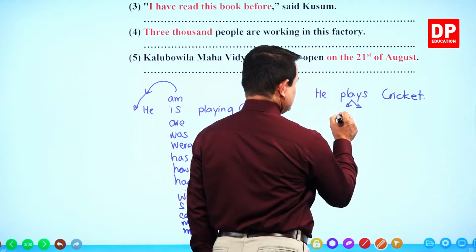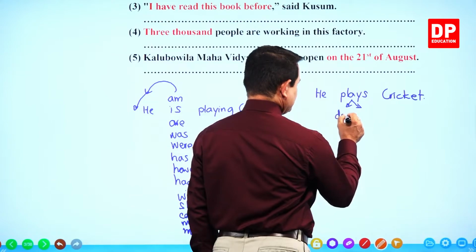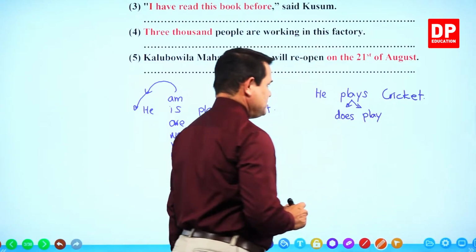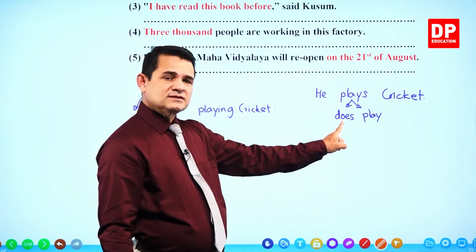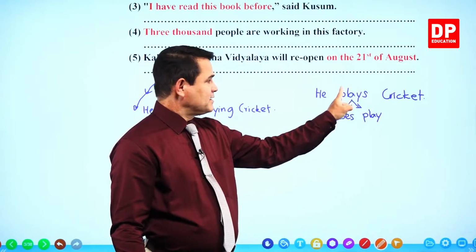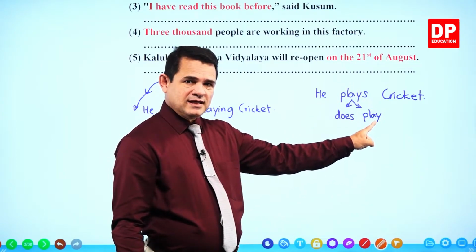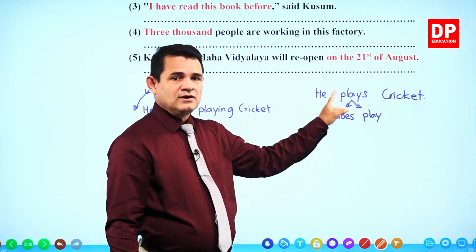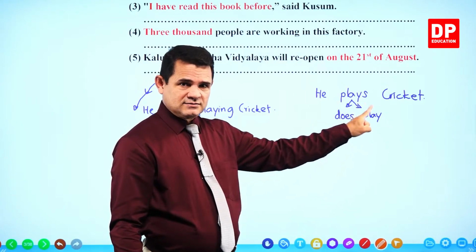Present tense singular නම් you just remember this. There are two words, does and play. Remember that play කියන එක මේ does ගත්තම plays එක s නැති වෙනවා. Play. Plays, does play. Goes, does go. Writes, does write.